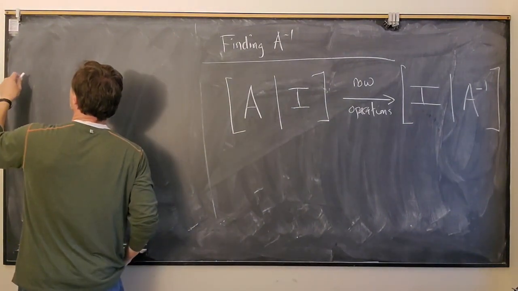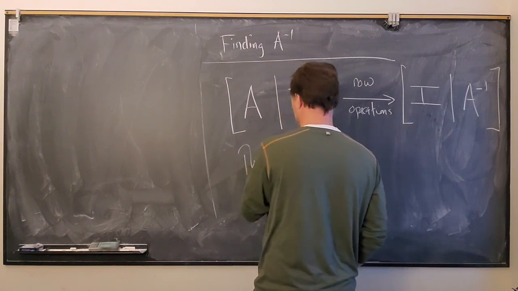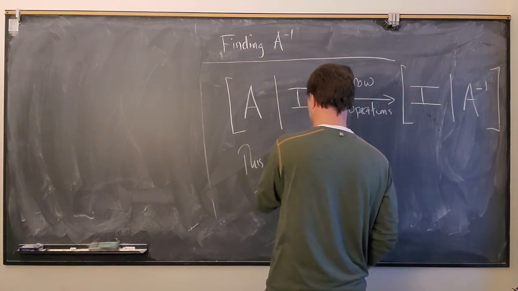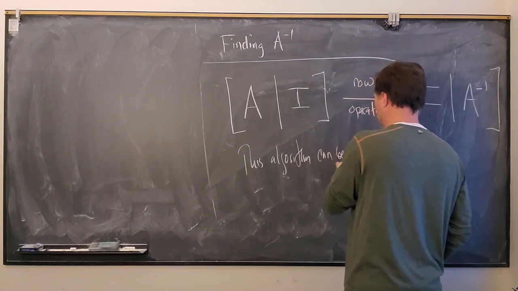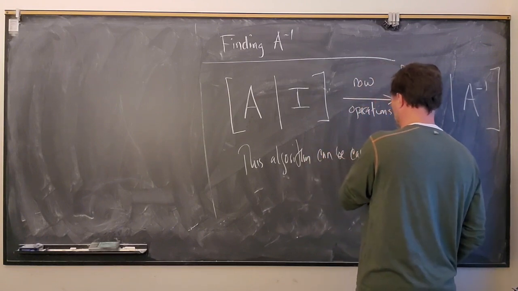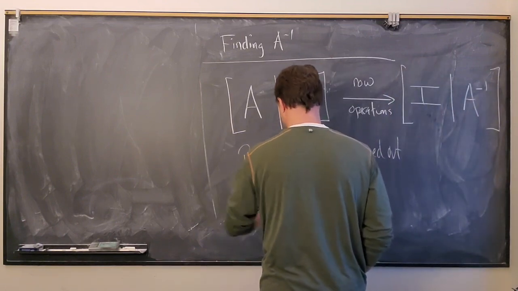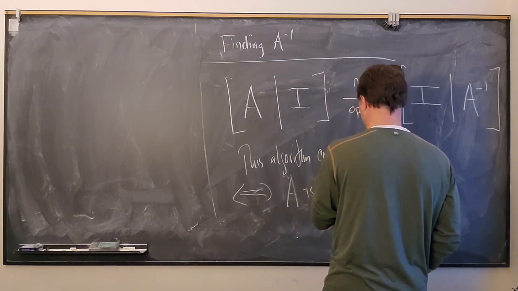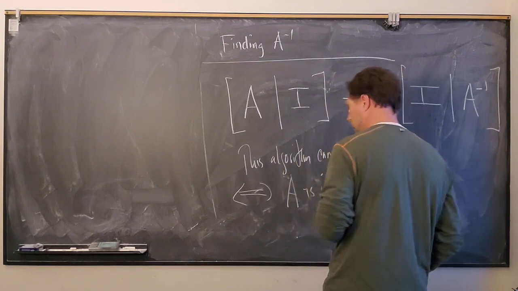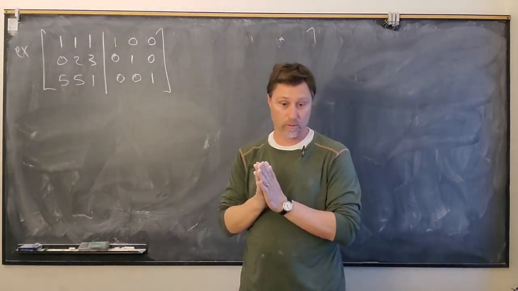So let's say it like this: this procedure, or this algorithm, can be carried out if and only if A is invertible.